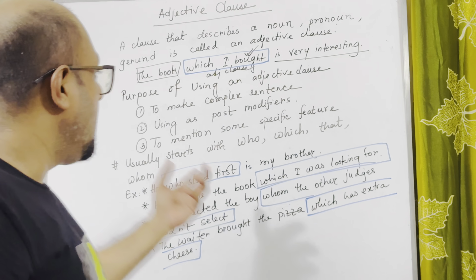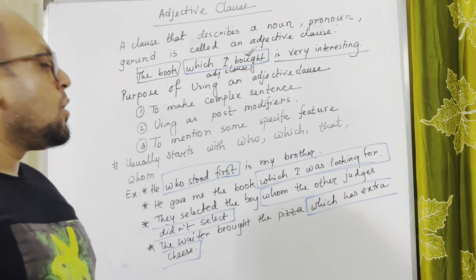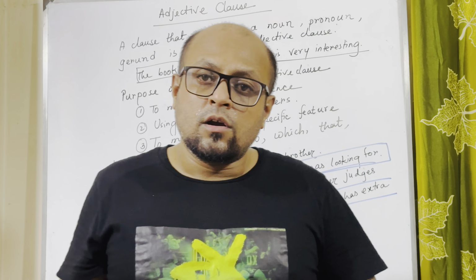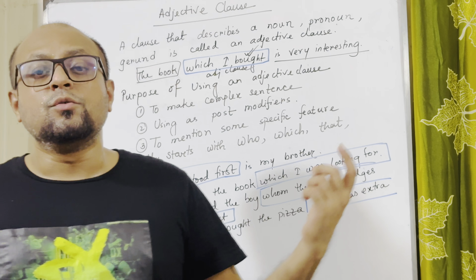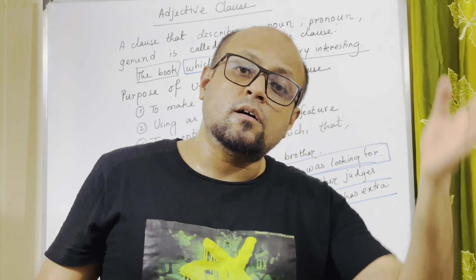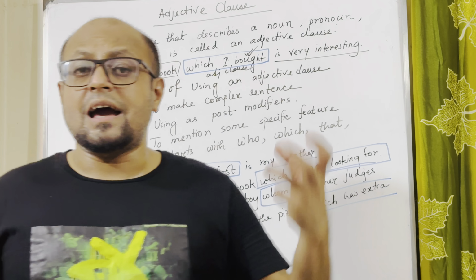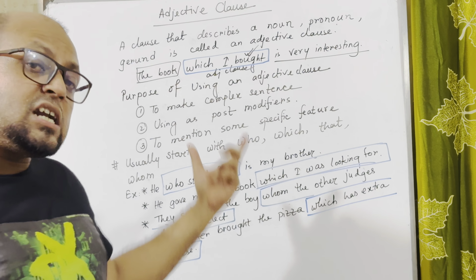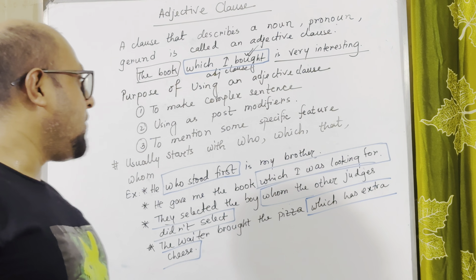Number two, using as post modifiers. Sometimes you are using a noun or a pronoun, but you need to modify it more clearly so that the listeners or readers get the accurate meaning. For that reason, you can use an adjective clause as a post modifier.